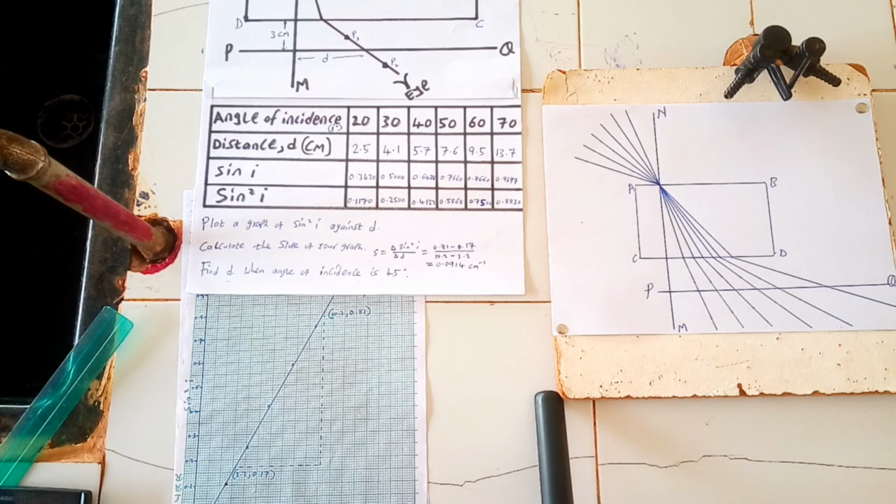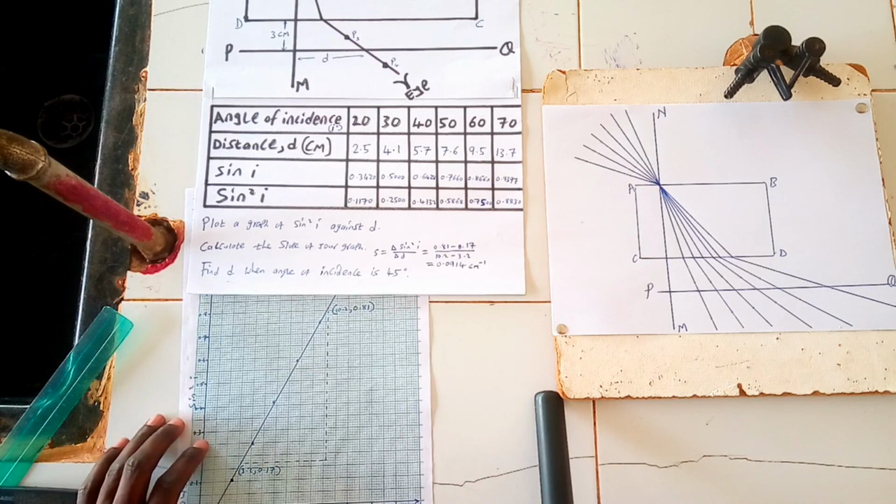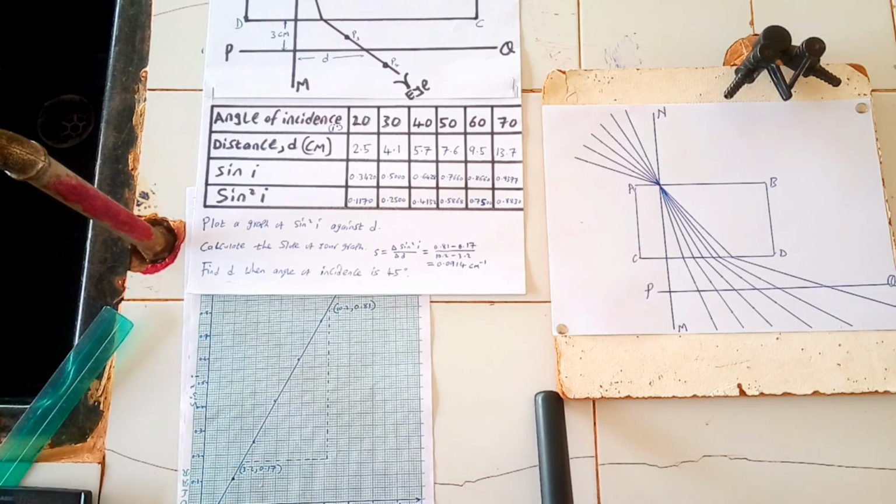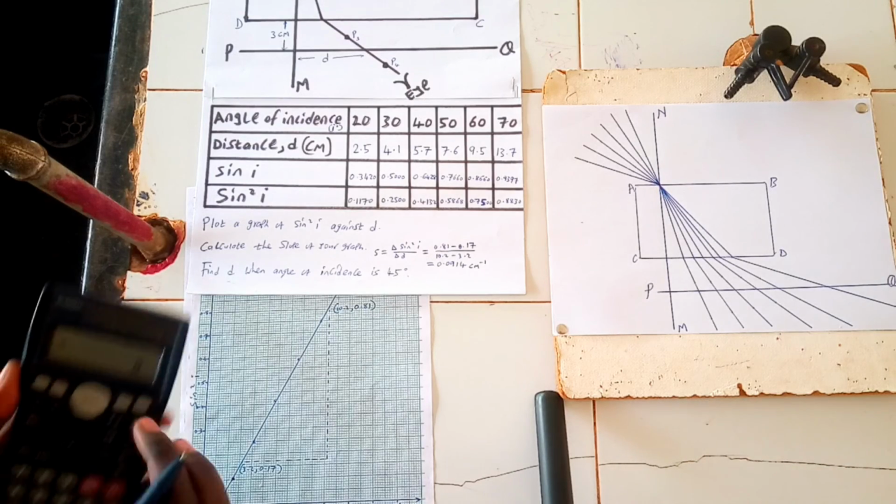Then find d when angle of incidence is 45. Remember, the graph we have here is a graph of sin² i against d. That means we first get sin² of 45.